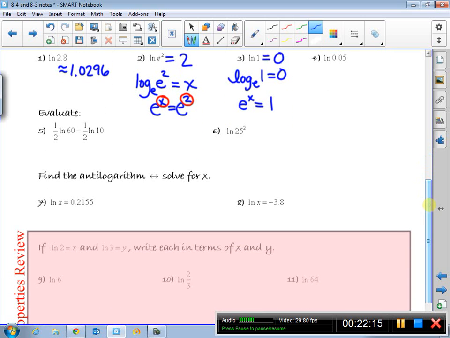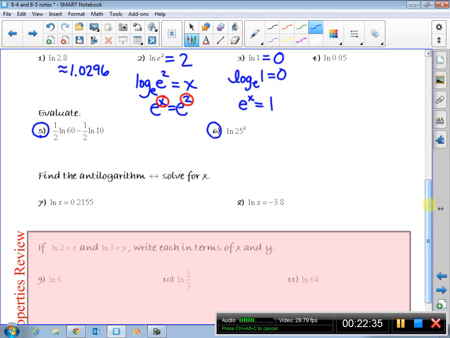Okay, let's jump down a little bit and try something that looks a little more crazy, but really isn't any different. Just like with logarithms, we still have properties for the common logarithms and the natural logarithms. The properties are still in play.